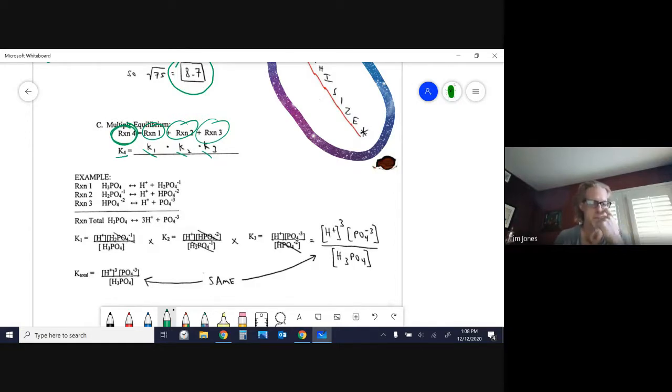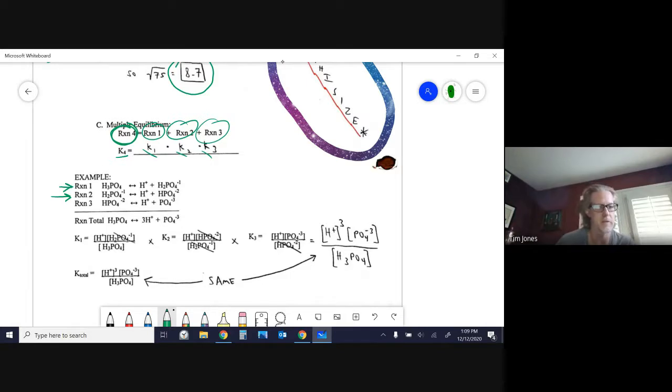So take this example with phosphoric acid. Phosphoric acid will lose its hydrogens in different amounts. So you have reaction 1, or the amount of hydrogen that is lost from the original acid. Then you have reaction 2 for the amount of hydrogen that is lost from the dihydrogen phosphate.